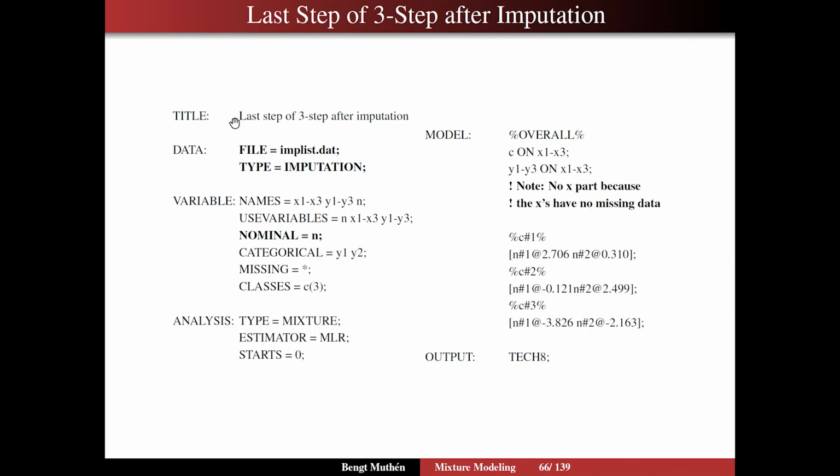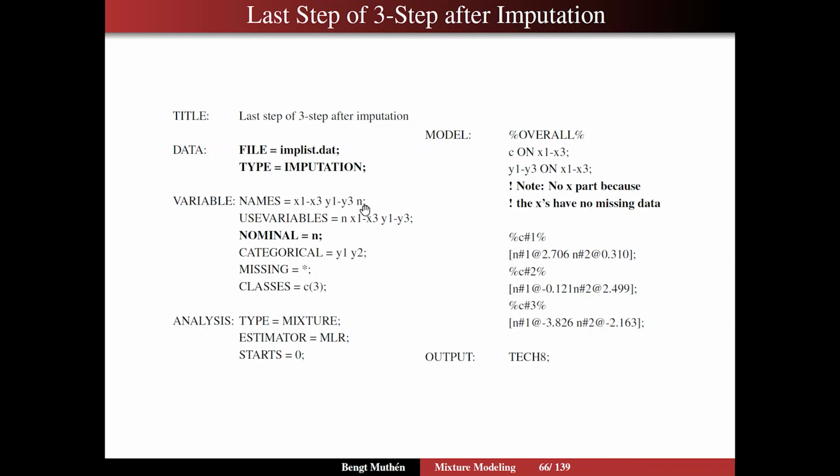So we're talking about the last step of 3-step after imputation. The file is then imp_list. So that's a file that lists all of the 100 data sets and points to them. And now the data type here is type equals imputation. So type equals imputation data.